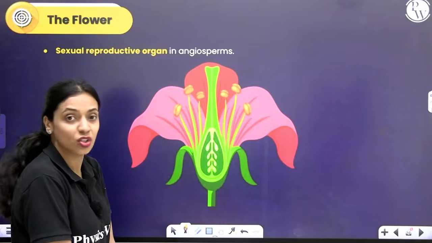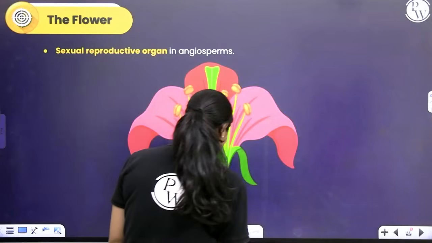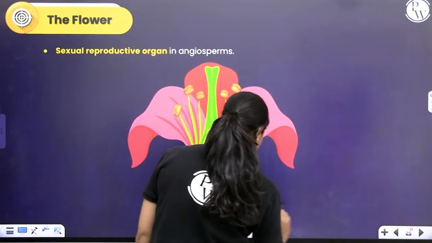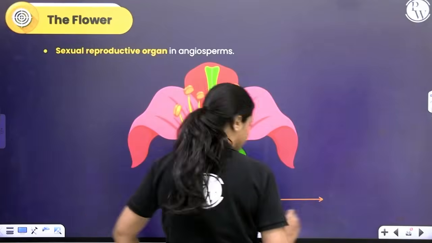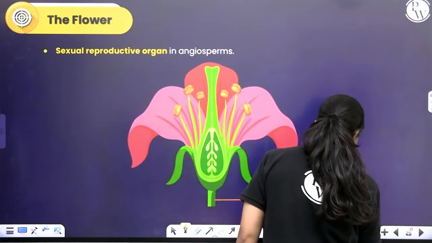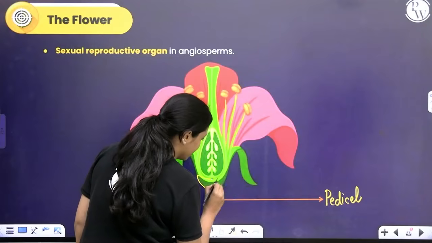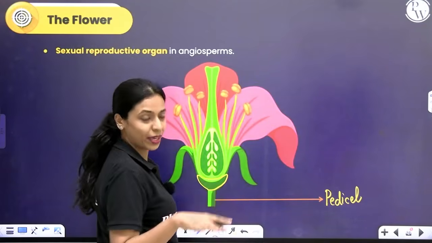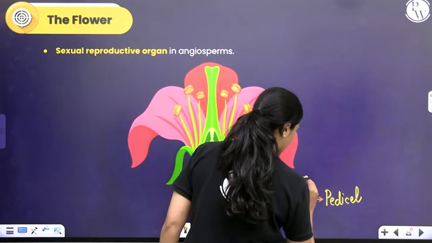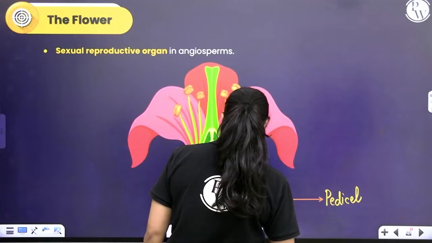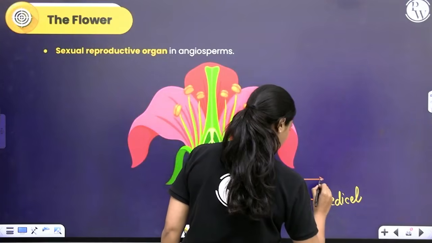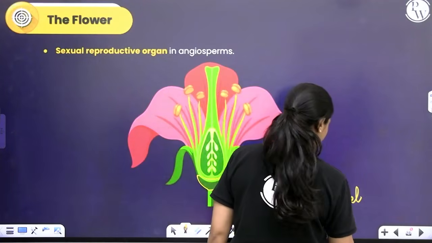Okay. So the stalk of a flower is called pedicel. On the pedicel, you will have a broad base, which is called the thalamus.